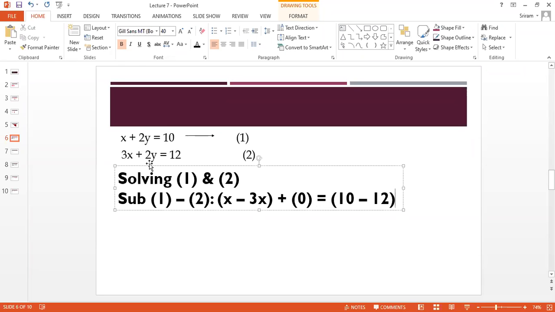If I have the same number, we subtract directly. If we have different numbers, as we discussed in the last class, we multiply the numbers in the opposite direction. You can use the calculator here. As I told you in the last class, if you have an fx-100 or other calculator, you can go to equation mode and solve the equation.